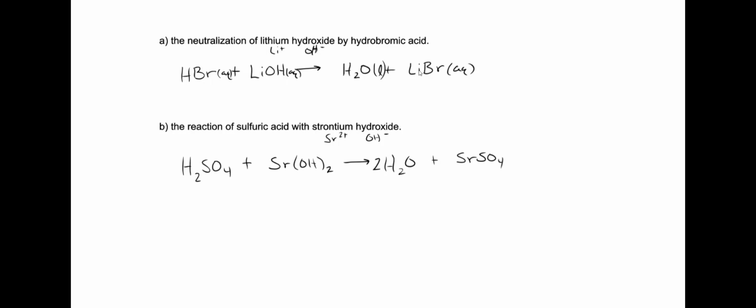These oxygens, we have 2 of them, and we have 2 of them. So yes, we are balanced throughout. I am not going to write the states here, but they would be aqueous, liquid. Strontium sulfate, it turns out, is solid, but you have no reason to know that, and it's not something I'm going to require you to know.